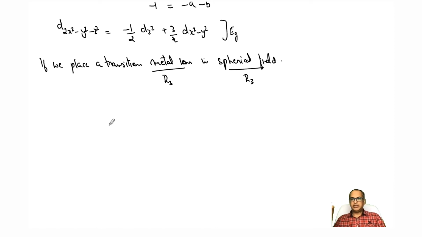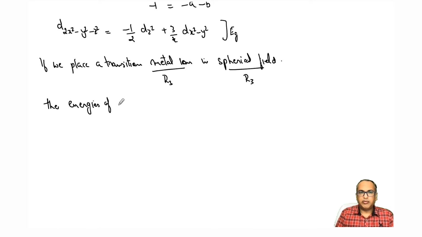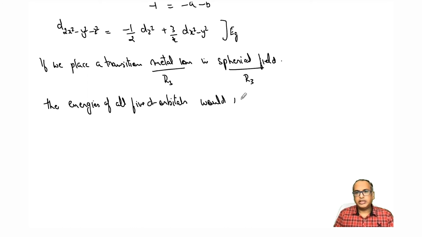Because now imagine that there is an electric field which is coming because of the surrounding ligands, and now there would be a repulsion between the valence electrons of the central transition metal ion and the spherical field which is created by ligands. So that repulsion will increase the energy of those d orbitals. So we can say that the energies of all 5 d orbitals would rise together.